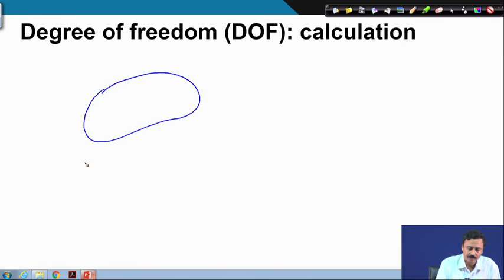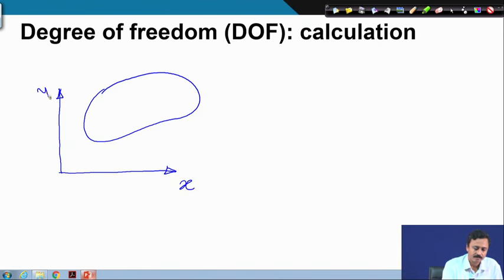Consider this is a rigid body in the plane of the screen, and x y denotes the Cartesian coordinates in which we will fix the location of this body. Now, how do I fix this body in this space? Suppose I say that there is a point P on the rigid body.